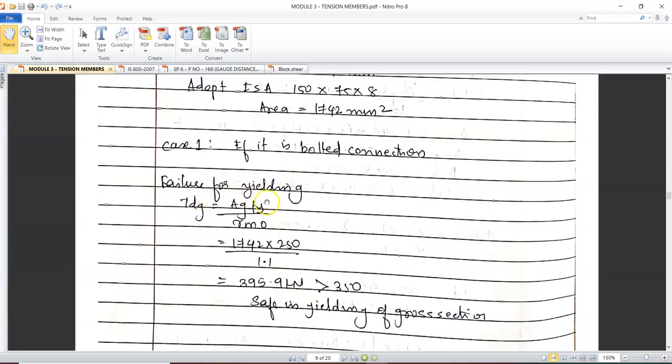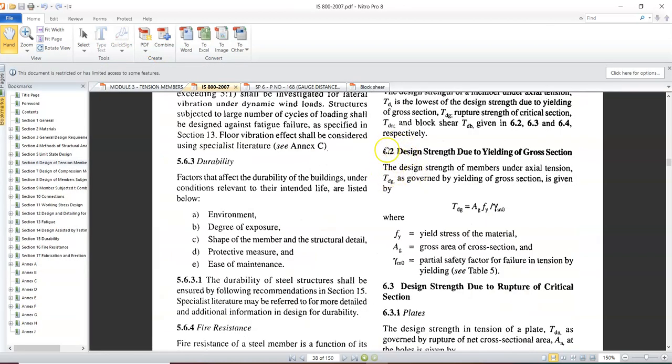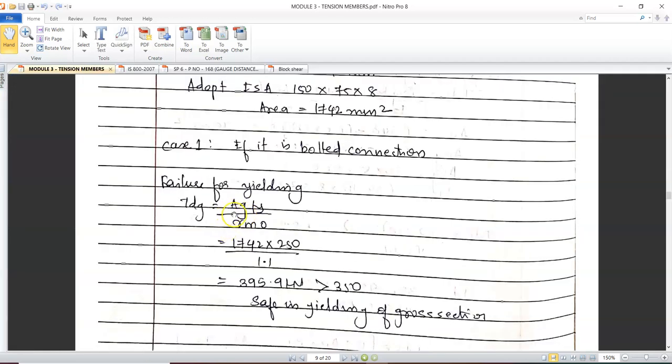The same thing is written here as per clause number 6.2, that is design strength due to yielding of gross section. The same formula is written here, TDG is equal to AG into Fy by gamma m naught. AG stands for gross area, which is already taken from the steel table, 1742 square mm.